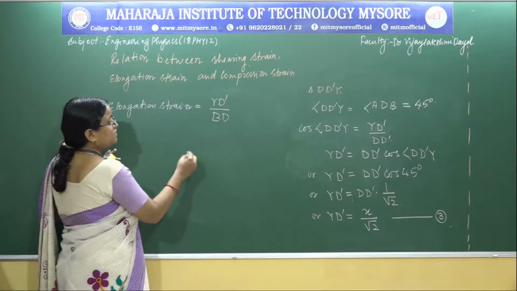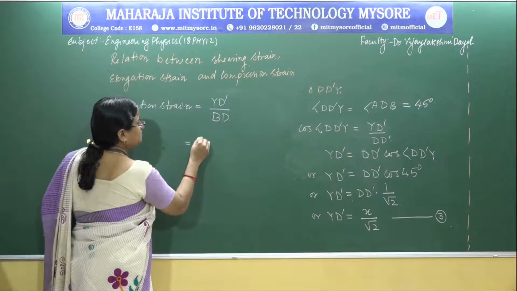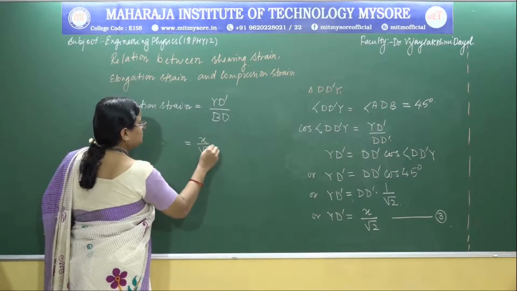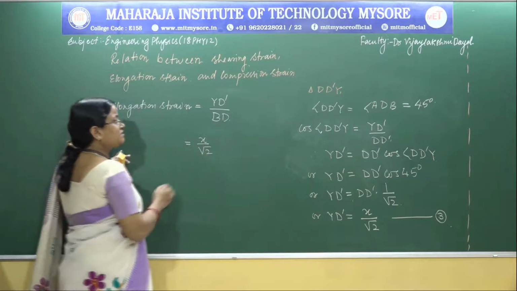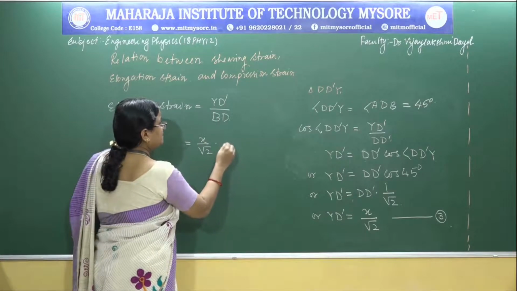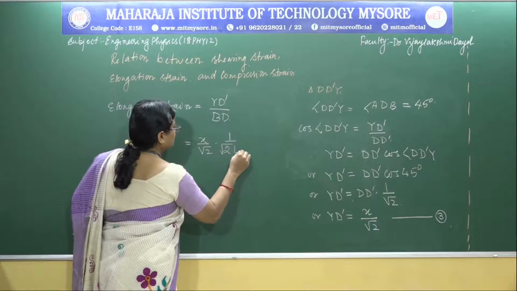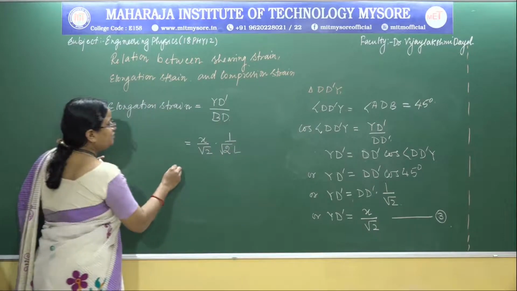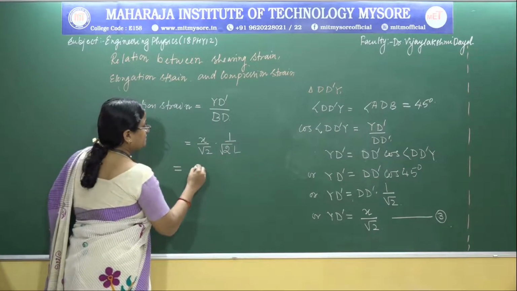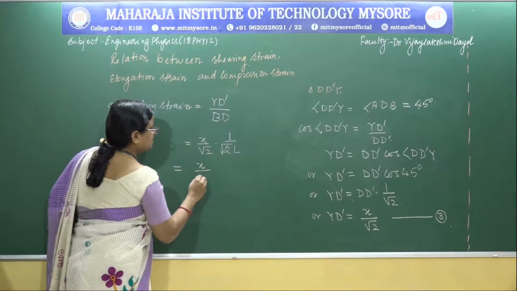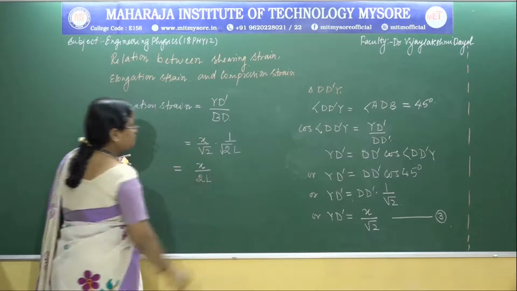So we get YD dash is equal to x by root 2, and BD is the diagonal, whose length we found to be root 2 L. So therefore the final equation is x by 2L.